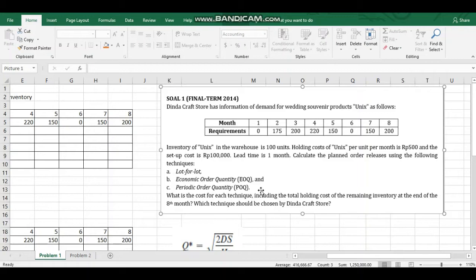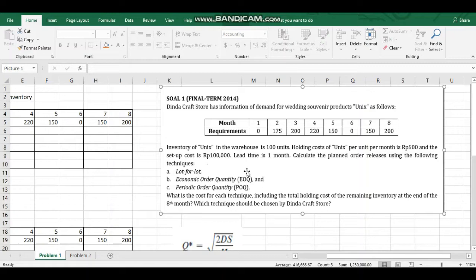Those are lot sizing techniques. When we're gonna make a decision related to lot sizing, we could use these 3 techniques. So lot sizing decision is the process or techniques used in determining lot size.